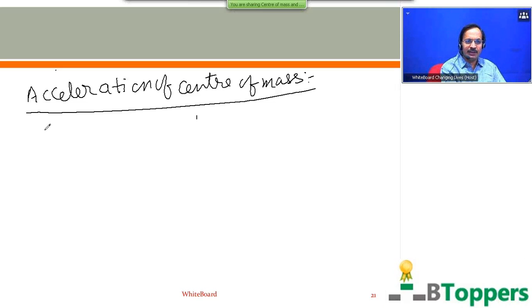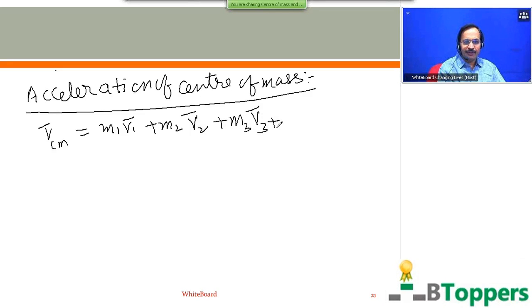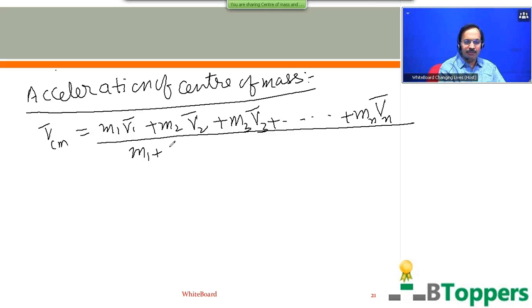Just before, we discussed that the velocity of the center of mass of the system of particles is given by VCM bar equal to m1 v1 bar plus m2 v2 bar plus m3 v3 bar, etc., up to mn vn bar, divided by the sum of the masses of all the n particles of the system.